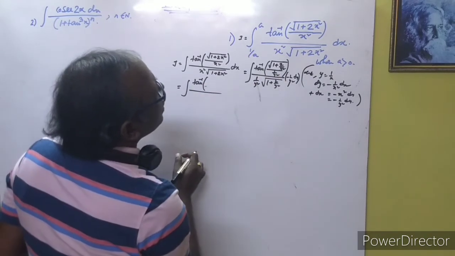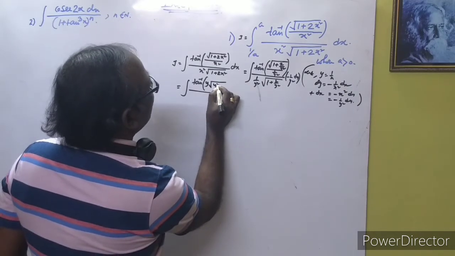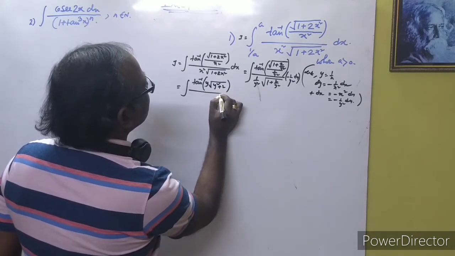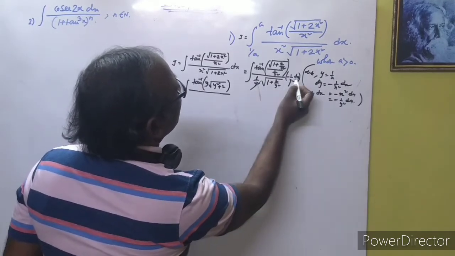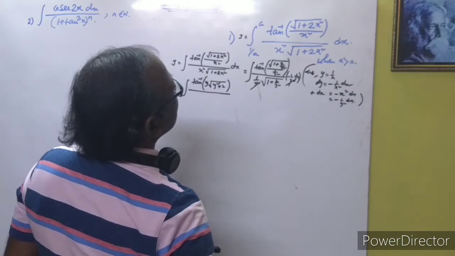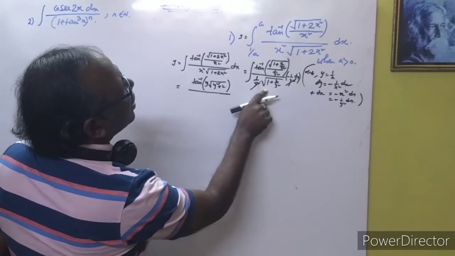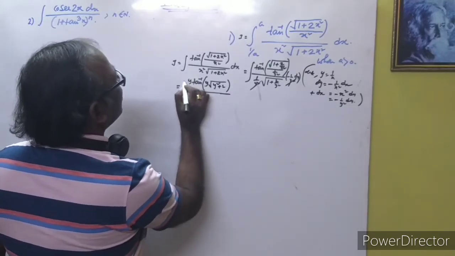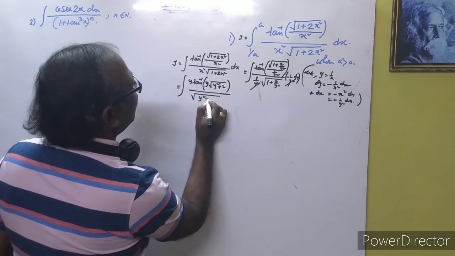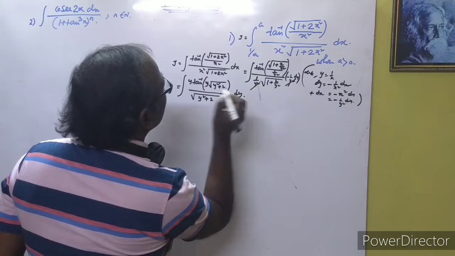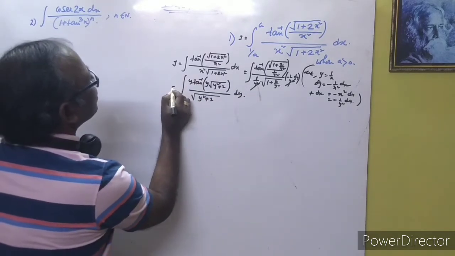If you take LCM here, y, and this is here y into under root y square plus 2 here, and also y square and y square are cancelled, and see, if we take LCM, then y into root over of y square plus 2 into dy. This is the negative also, so see here minus.